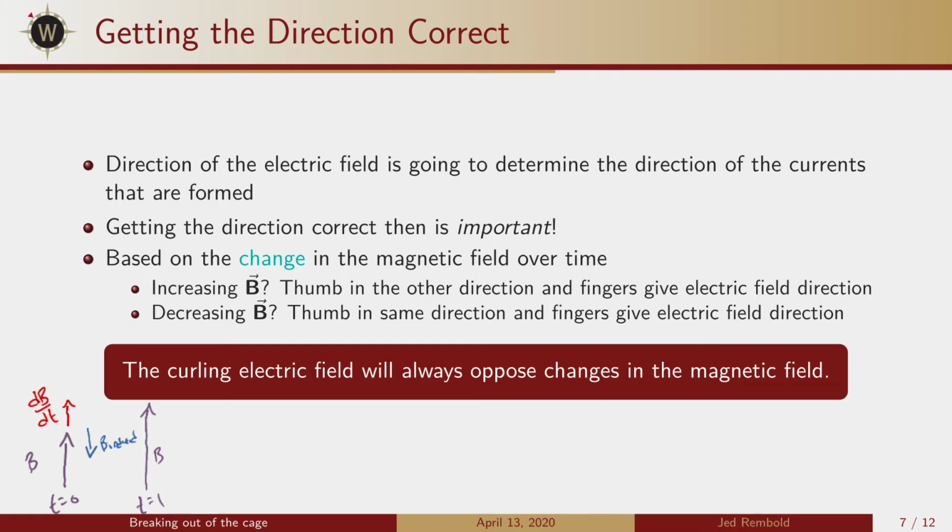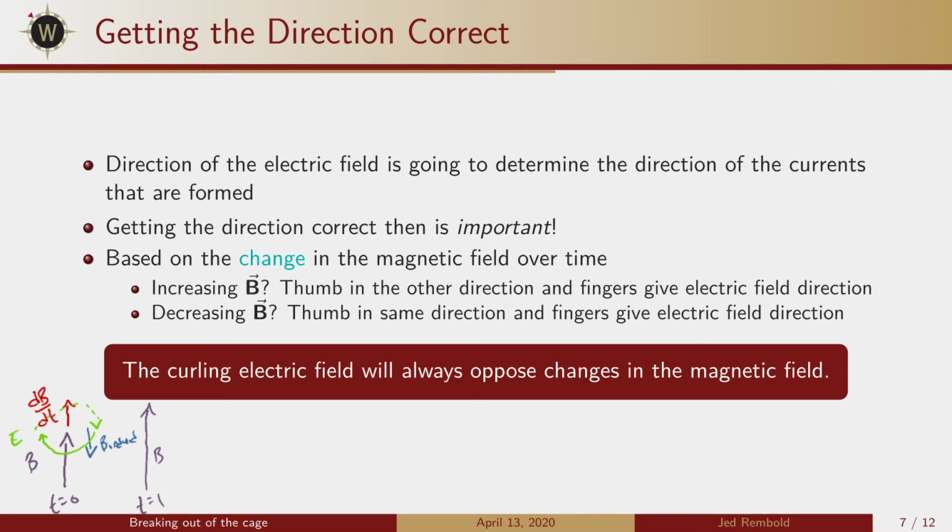So it'd be clockwise when viewed from above. So my electric field that's going to get induced is going to be something that swirls around like this. That would be the resulting electric field.